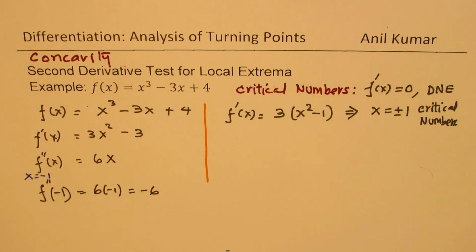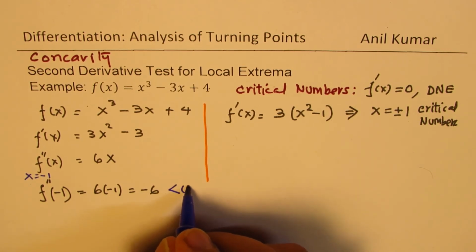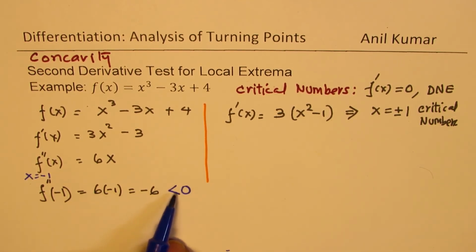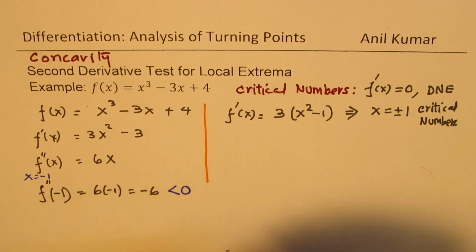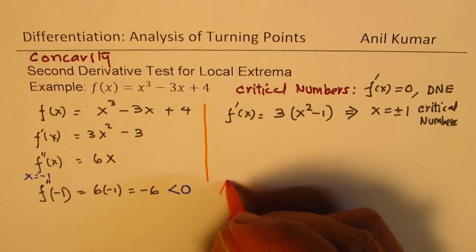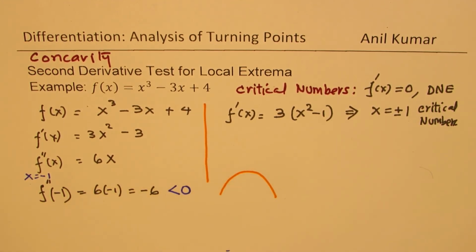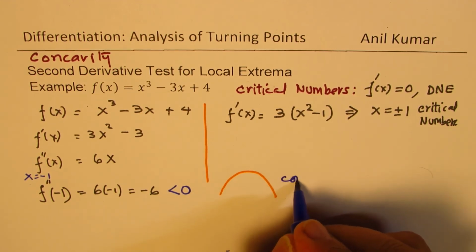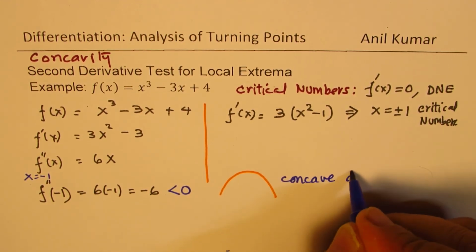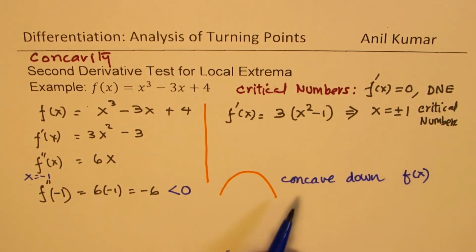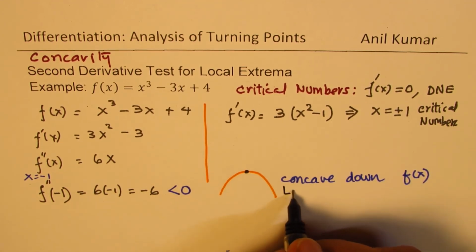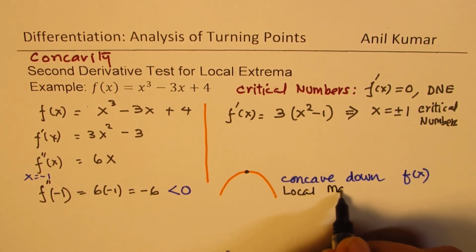Now clearly, this minus 6 is less than 0. If the second derivative is less than 0, then we can say the concavity is concave down. So the graph of the function f of x is concave down. So if the function is concave down, what do we have here? We have a local maximum.